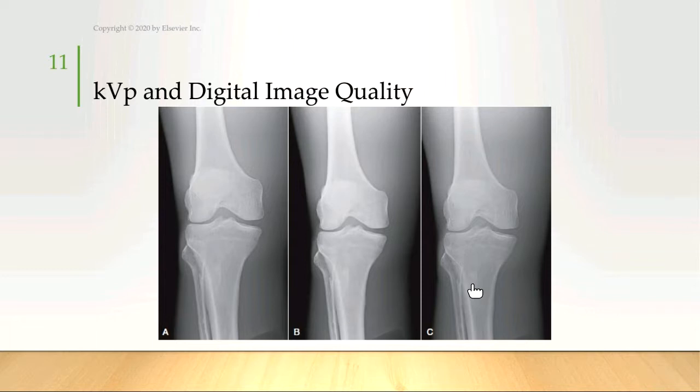I mean, you've got 43 kVp difference between B and C, but they do not look that much different. If you were to take these images and use the same technique with film, they would be completely polar opposite. This would be pitch black, and the one where you used 50 would be very, very white, almost not even penetrated. But with film, you were stuck with whatever your control panel settings were. It affects film much differently than it affects a digital IR.